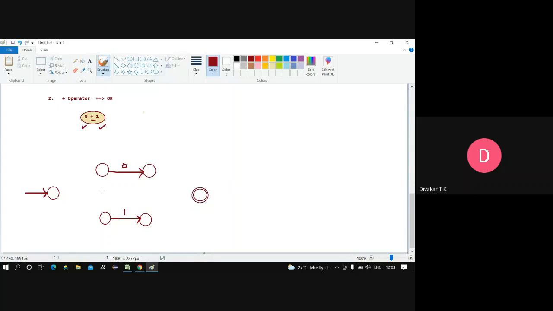Now since it is R, we can go this way also or this way also. Only one side you can go. If you go this side, you end up this side. If you go from this side, you end up this side, like that. You cannot put both legs at a time together.